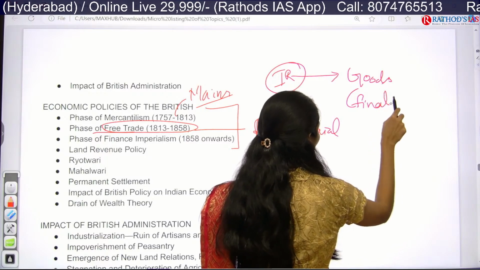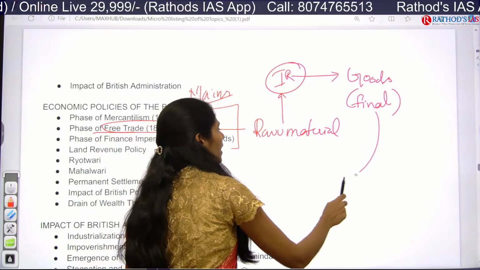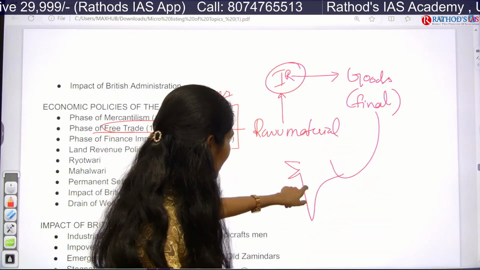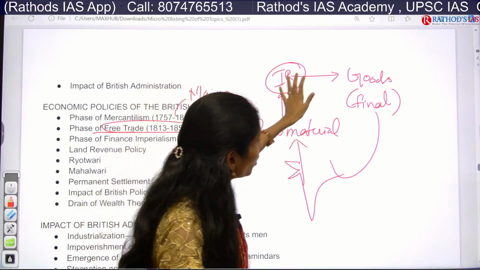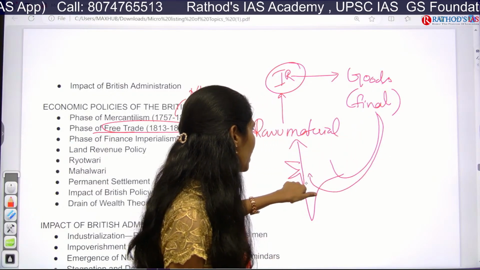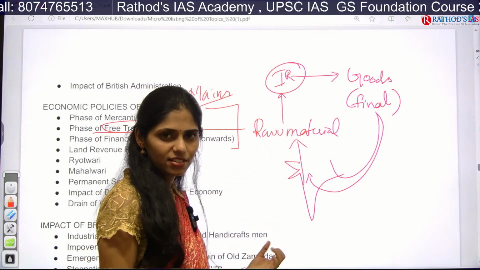And where do these final goods have their markets? They are dumping these final goods in our country. They take raw material, make it into final goods using industries and machinery, and those final goods again they dump in our country. Okay, so this is the second phase.